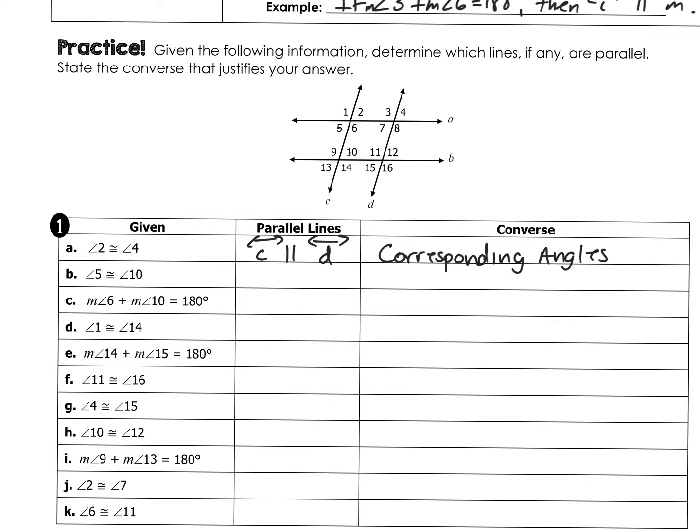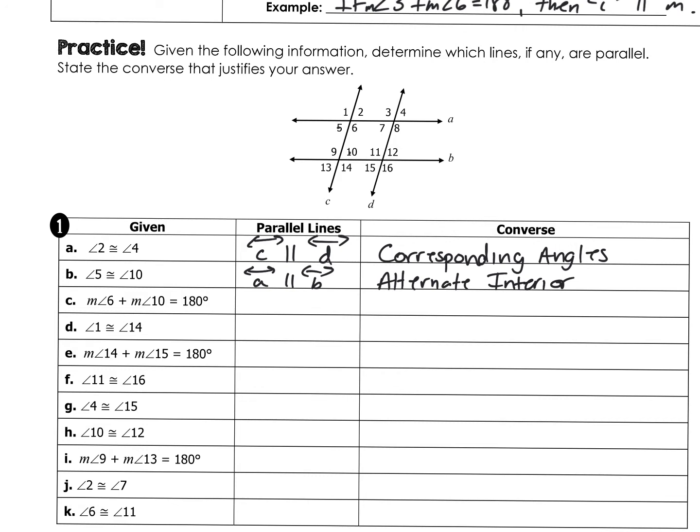Okay? Angles 5 and 10. 5 and 10 are alternate interior on transversal C, which means we just proved lines A and B are parallel, and that would be alternate interior. Okay.